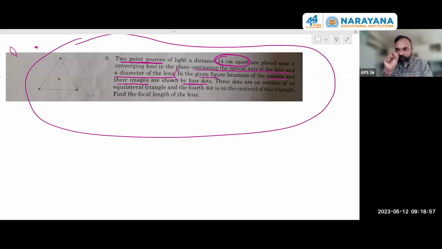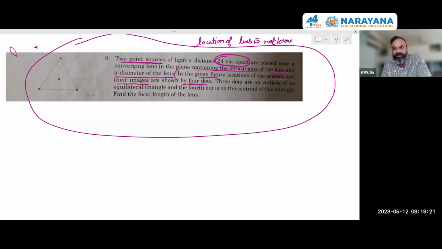So basically there are 4 dots: 2 objects, 2 images. Right? 3 dots are on the vertices of an equilateral triangle, and the 4th is at the centroid. Now he has not given anything about the location of the lens. The location of the lens is not known to me.